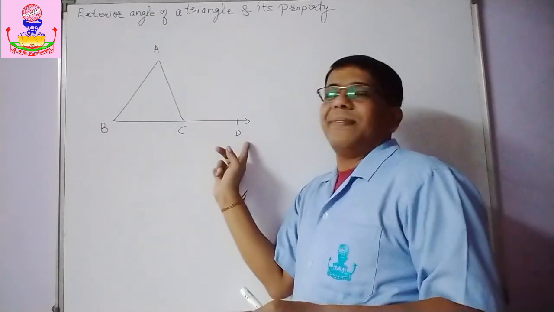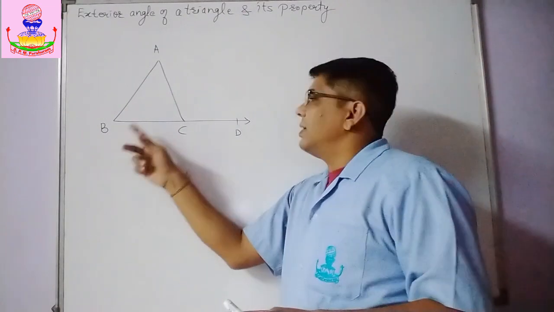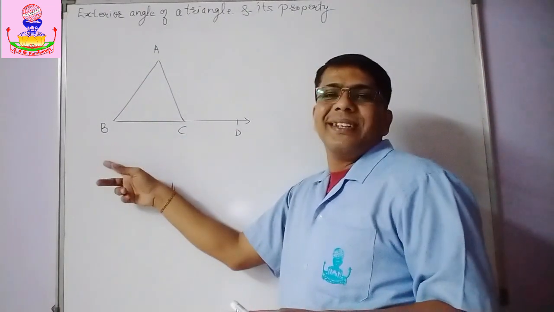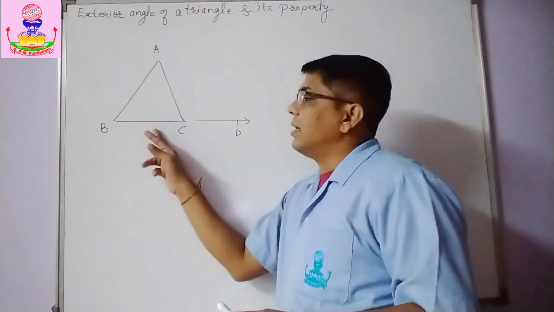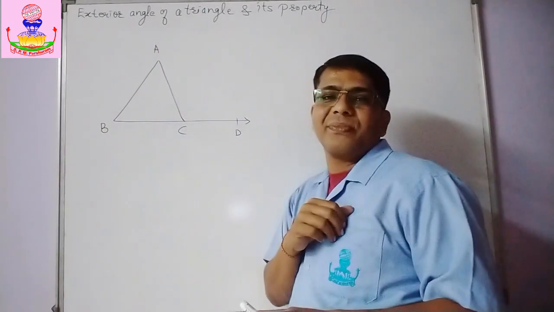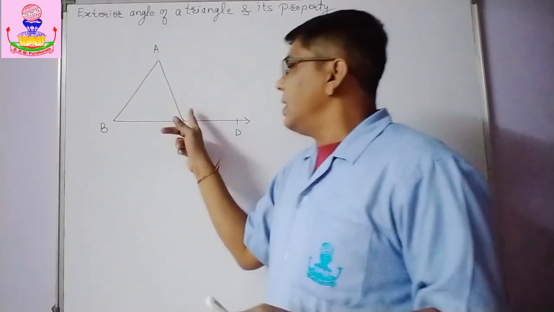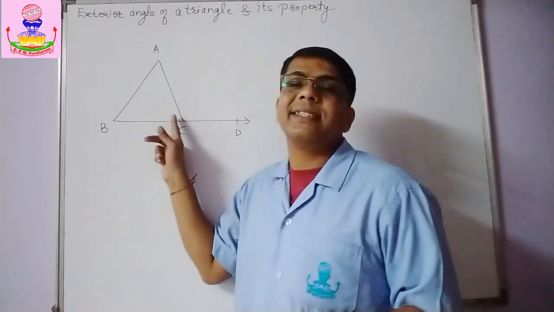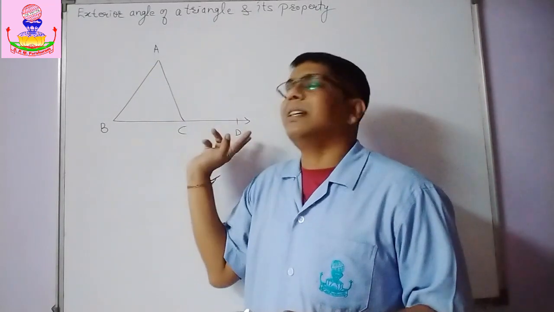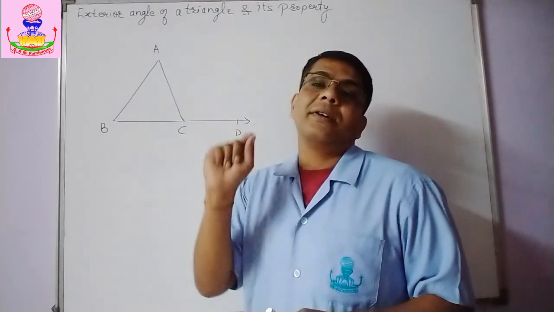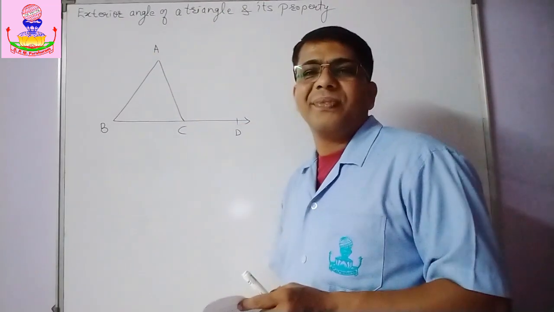Now this angle ACD is the neighboring angle for angle ACB. Keep this in mind, this angle should always be in a linear pair with angle ACB. So this angle ACD is called the exterior angle of the triangle.